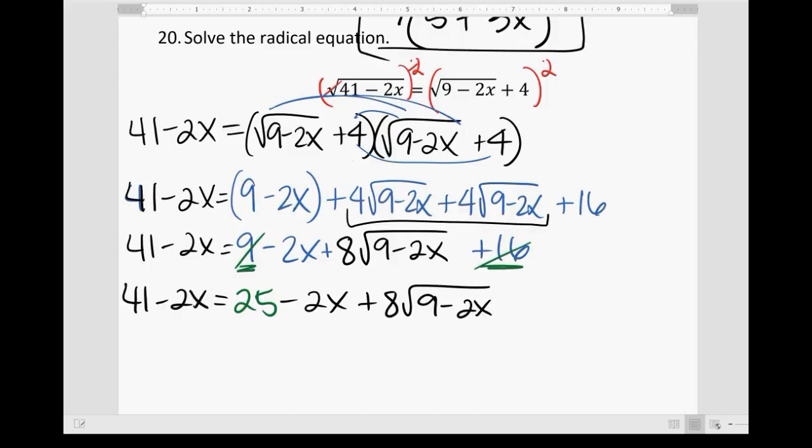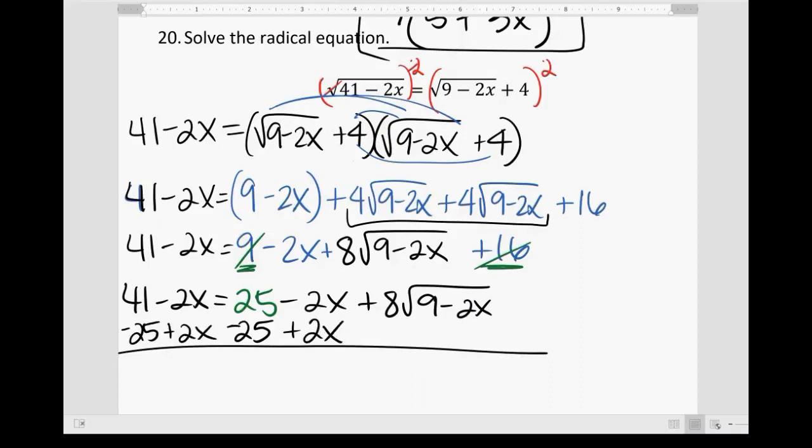I'm trying to slowly get this square root by itself. So now let me move this 25 by subtracting 25 on both sides, and I can move this negative 2x by adding 2x on both sides. So 41 minus 25 is 16.